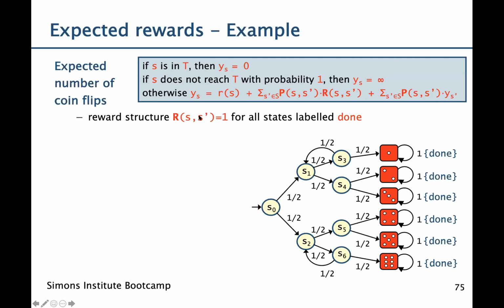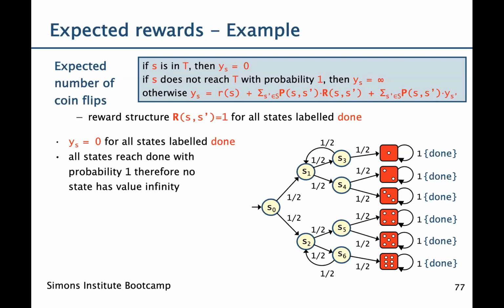We'll associate a reward of 1 with each transition, and we won't have any state rewards. So for all of the target states, we set the value y(s) to be 0. All of the states reach the target set with probability 1, so we don't set any equal to infinity.